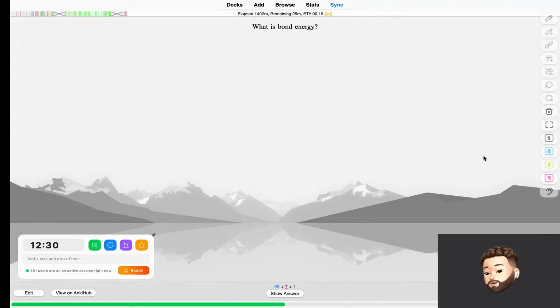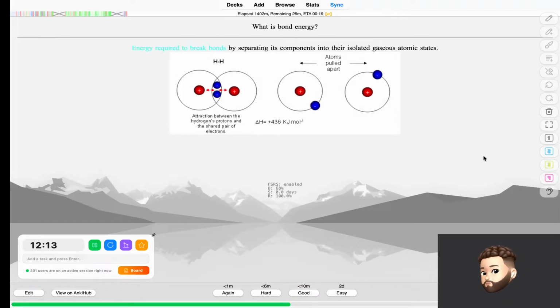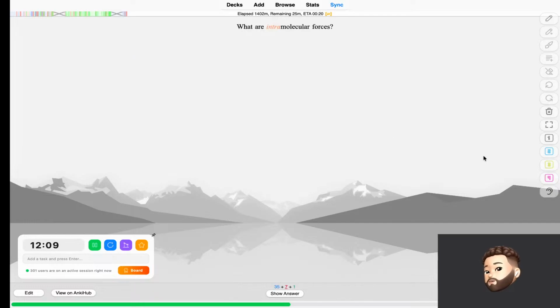The energy required to remove a bond and separate the two molecules into their isolated gaseous atomic states. What are intermolecular forces? Electrostatic interactions that form within a molecule.